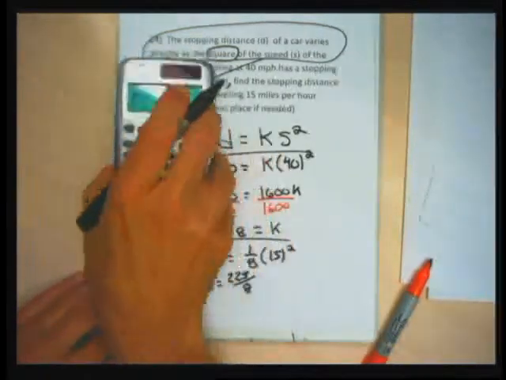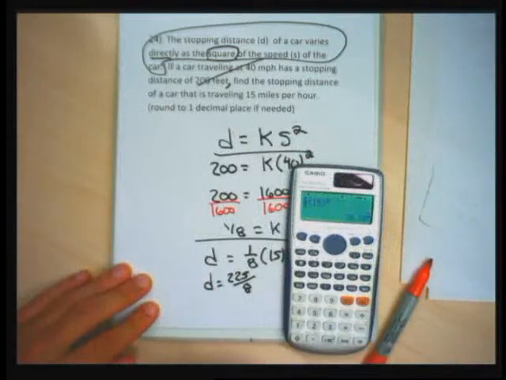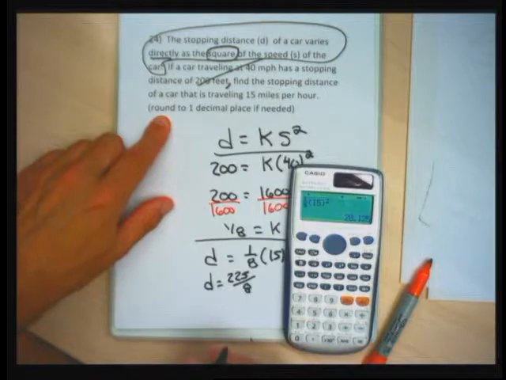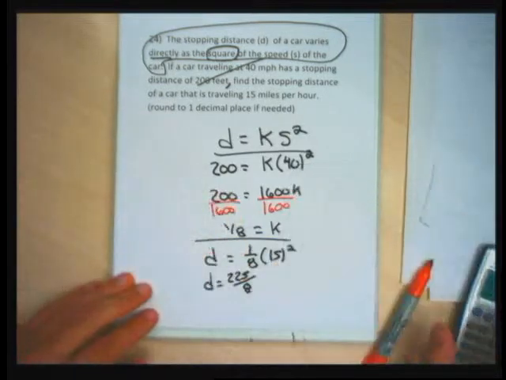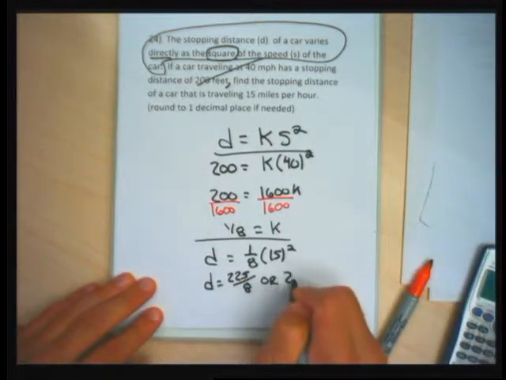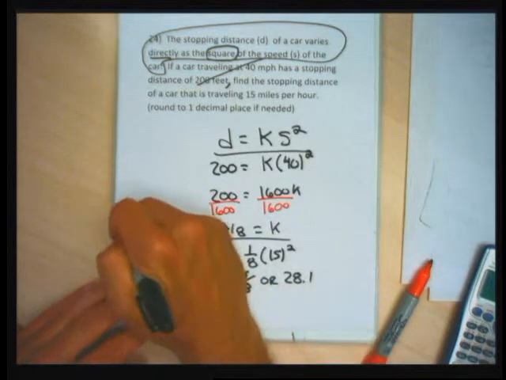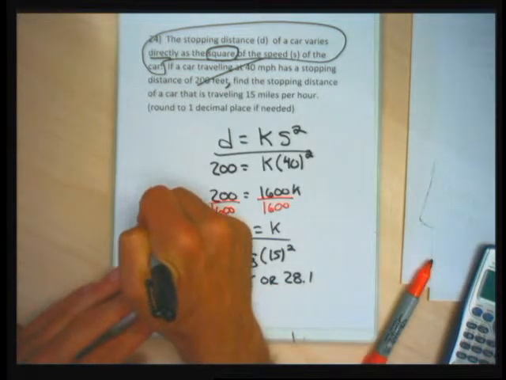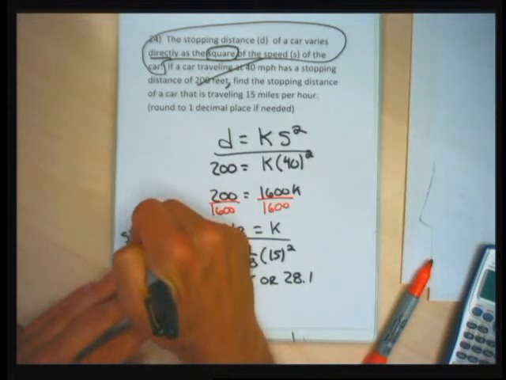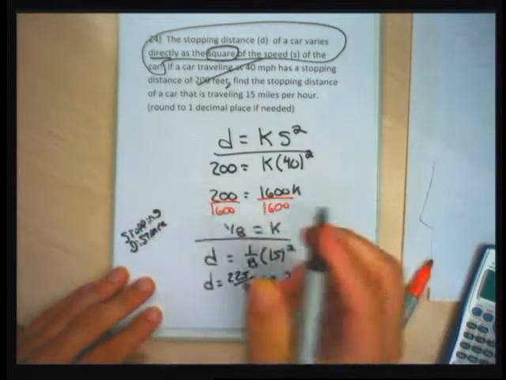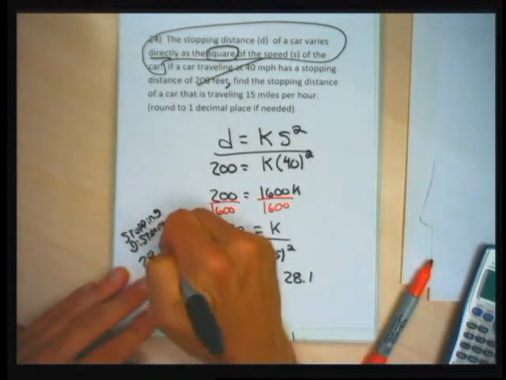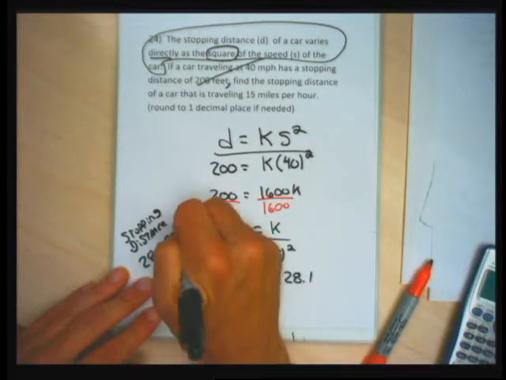But if I hit the SD button, it gives me 28.125 feet, and I said round to 1 decimal if needed, so 28.1 feet would probably be better. So the stopping distance, and you could use the fraction answer, but I'm going to use the decimal answer, and my distance is in feet.